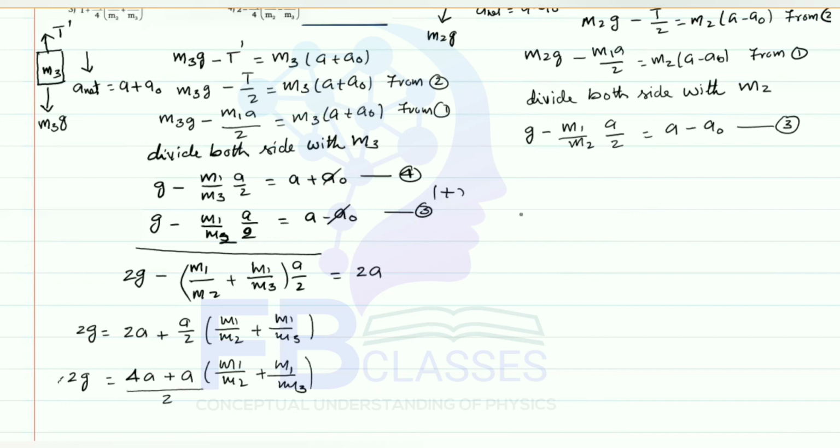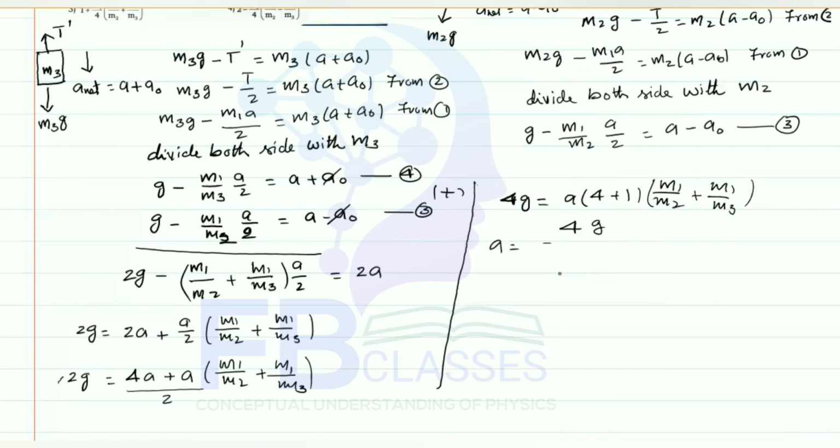Now if we do the cross multiplication, it will become 4g. So 4g is equal to how much? I am going to take a common, because we want the a value: a into 4 plus 1 into m1 by m2 plus m1 by m3.